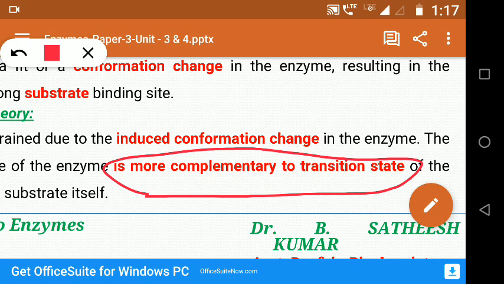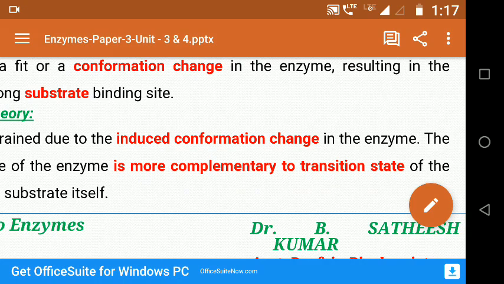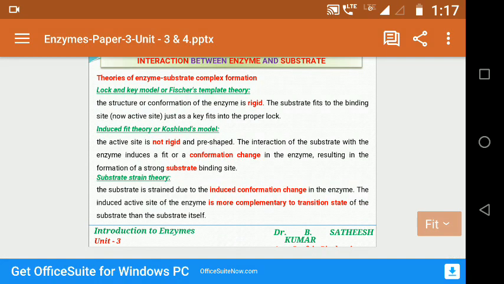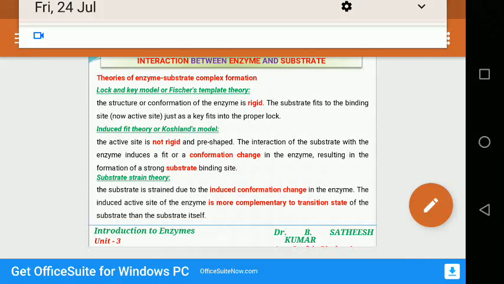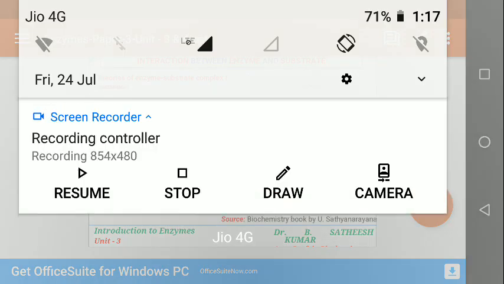Substrate strain theory. The name itself explains that the substrate will induce the active site of the enzyme, and at the same time, during the substrate binding, the active site will induce a strain in the substrate during the binding of the substrate to the active site. So that is the important thing to be considered in the substrate strain theory.